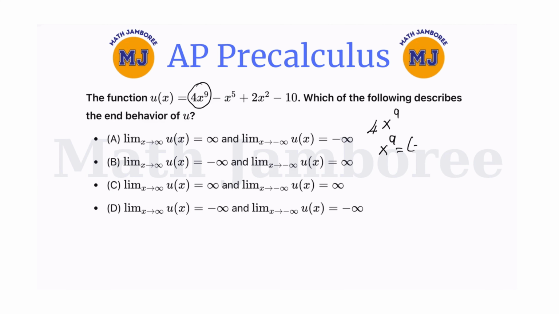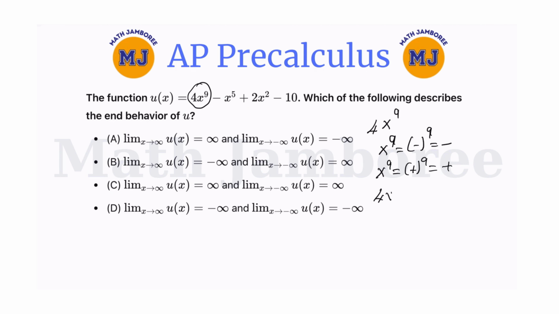When I put a negative value for x, since the exponent is an odd number, x to the power of 9 is going to result in a negative value. And with the same approach, when I substitute a positive value for x, then the power of 9 is going to turn into a positive value.